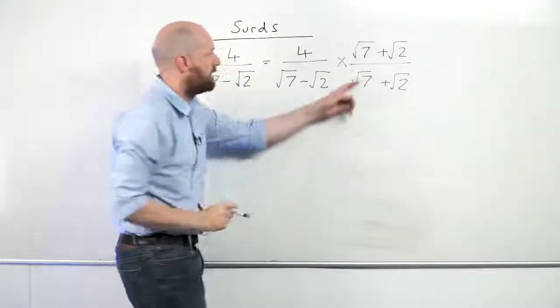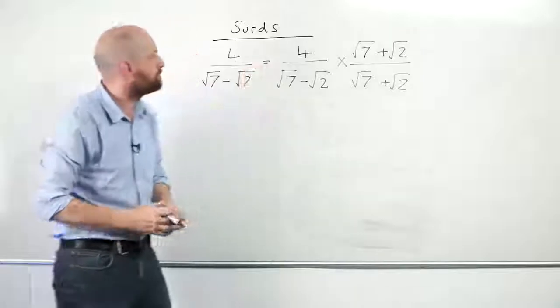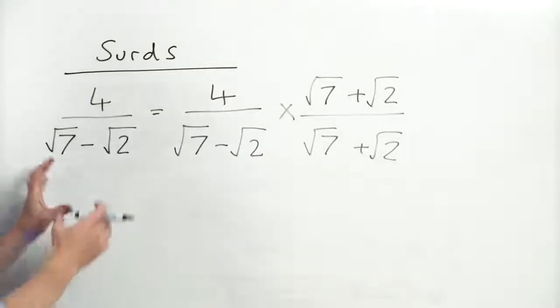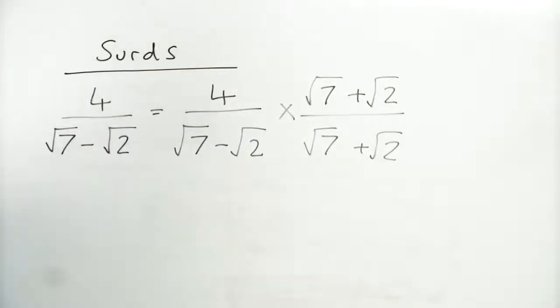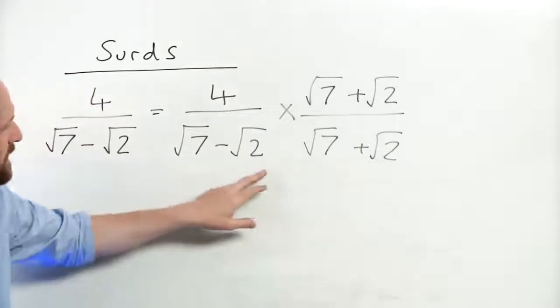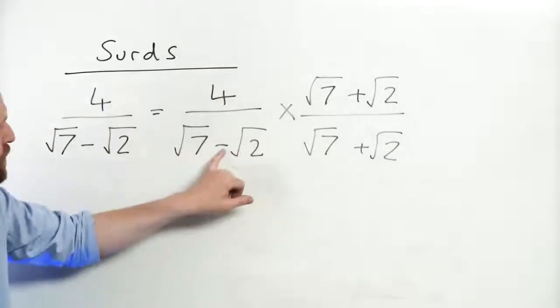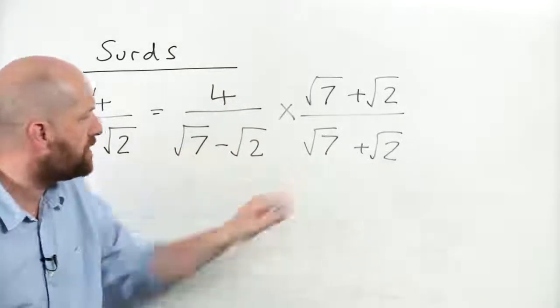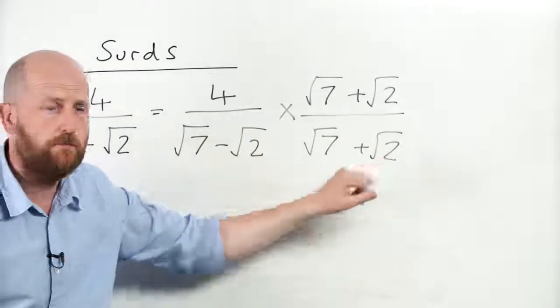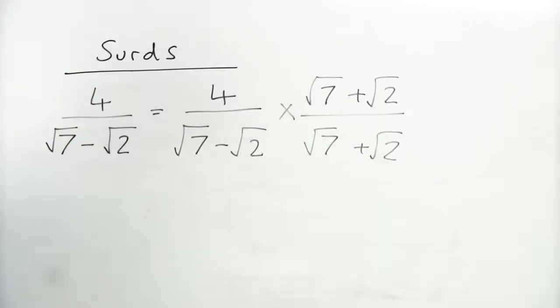I've not done anything there except multiply by 1. And what I've done is I've taken the expression underneath here and multiplied it by a particular form that I know, by changing this sign, the minus to a plus. If it was a plus, I'd have changed it to a minus, that things will work out in the end.